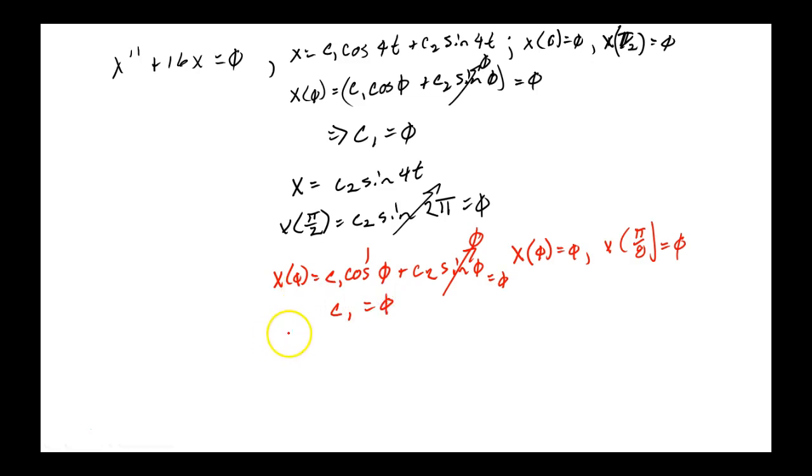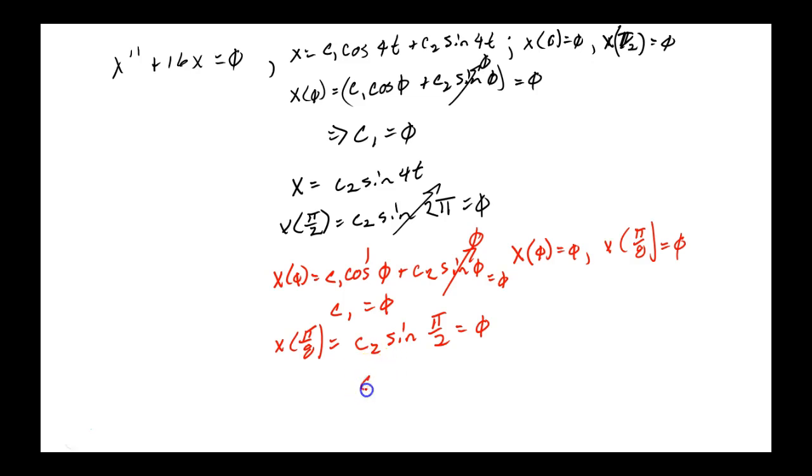So let's put the second boundary condition in there. x of pi eighths is equal to, C1 is 0, so that's out of there, C2 sine of pi eighths times 4, which is pi halves. And that's got to equal 0. The sine of pi halves is always 1.